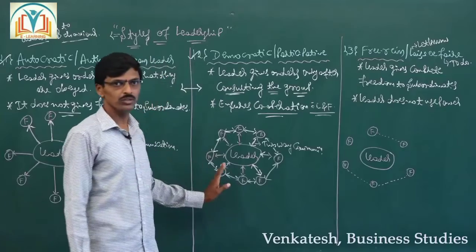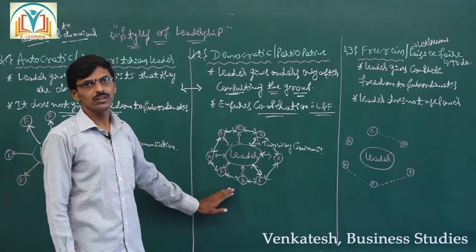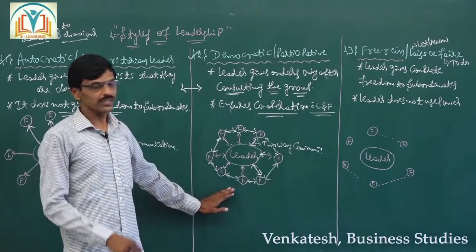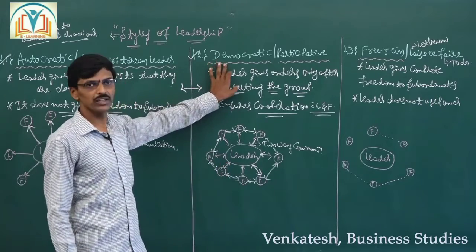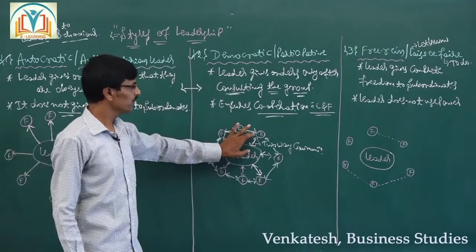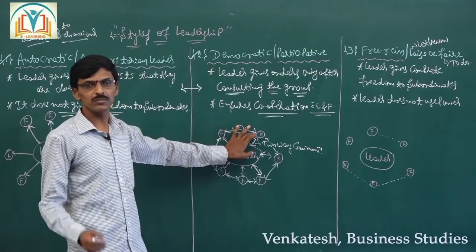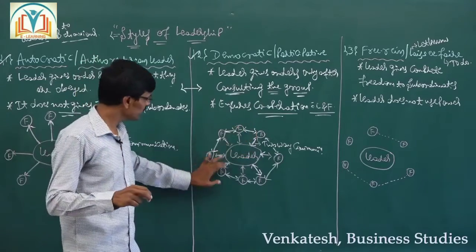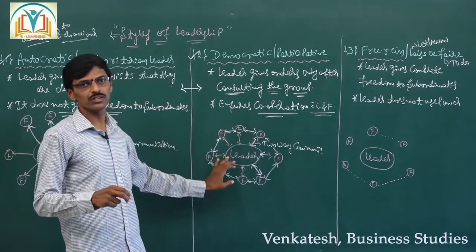But when you look into these two diagrams, you can analyze the difference: in a democratic leadership, the leader gives work instructions after discussing with all the followers.